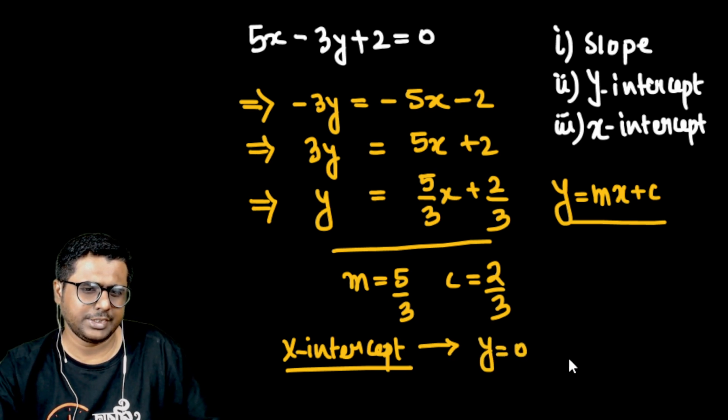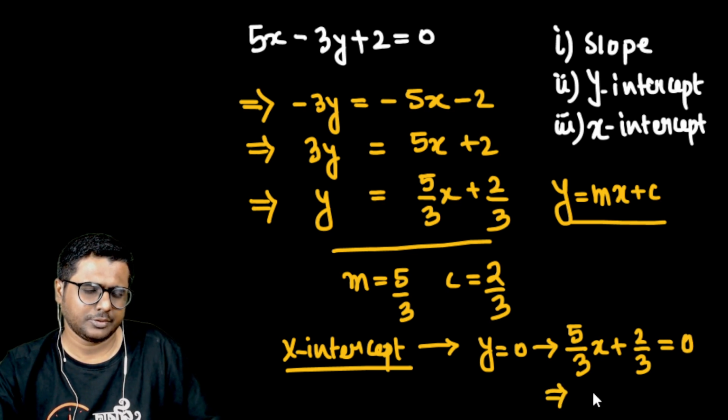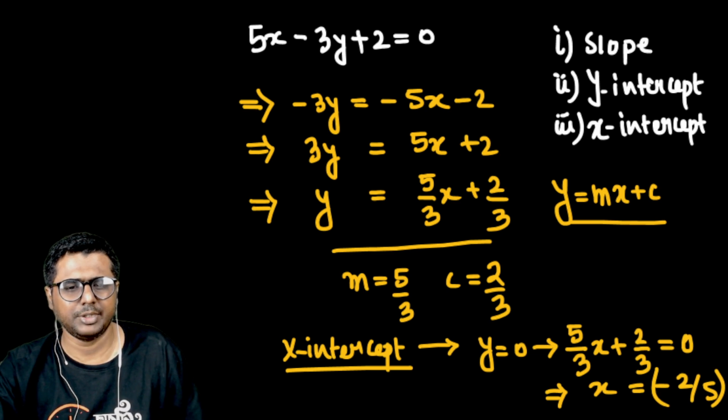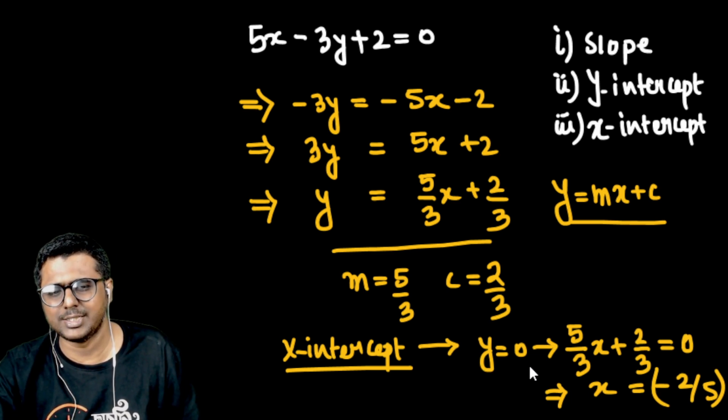If you put y is equal to 0, then what happens? 5 by 3x plus 2 by 3 is equal to 0. So this 3 goes out, x will come out to be minus 2 by 5. So this is the x intercept. Easily you can find it when you put y is equal to 0.